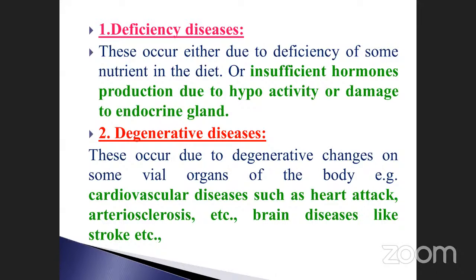Suppose iodine is very, very essential for the production of which hormone? Thyroxine. Good. There are two: T3, triiodothyronine, and T4, tetraiodothyronine. These are very essential for the functional aspect.